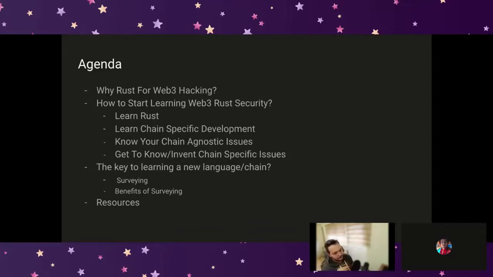Then we'll move forward to more practical stuff: how you should be learning this and what resources are available. I'll show you some examples of chain-specific and chain-agnostic issues, and then I'll share my tip that I use, because in the Rust security world, unless you want to super specialize in one chain, you're going to be jumping from one chain to another, so you have to know how to pick up information about the chain, the code, and the patterns that developers use in a specific chain super quickly.